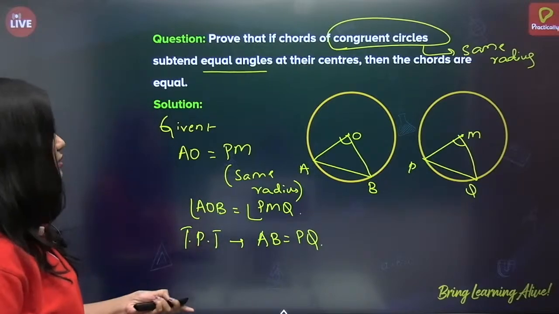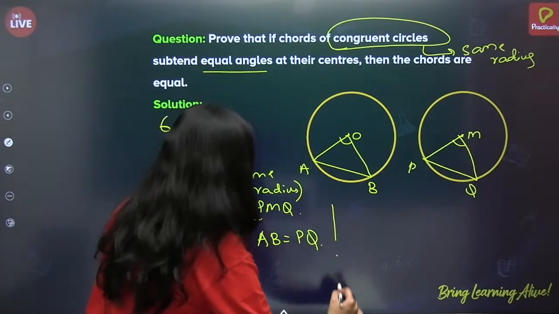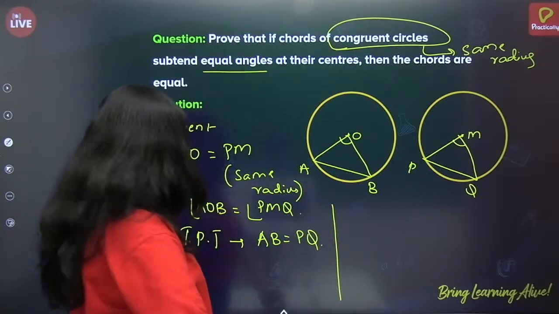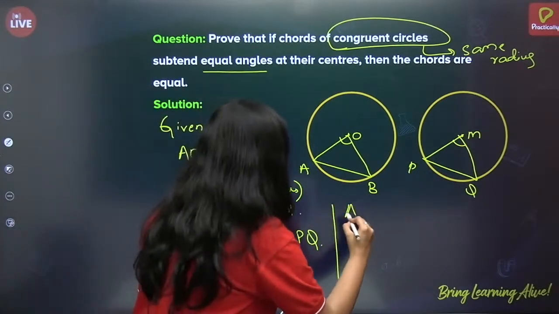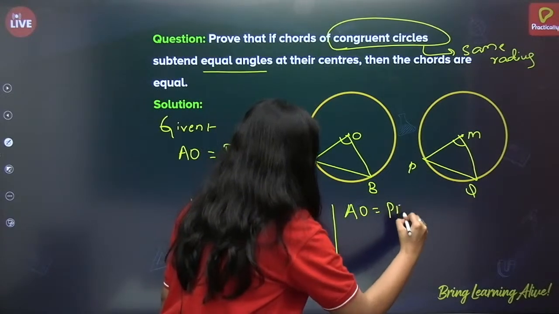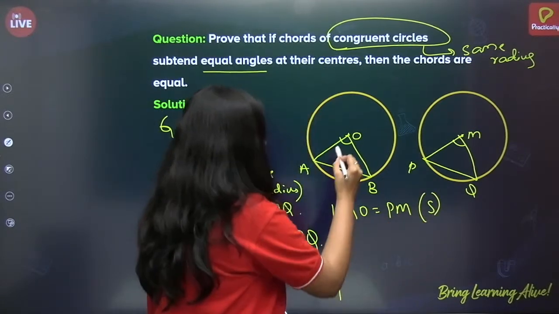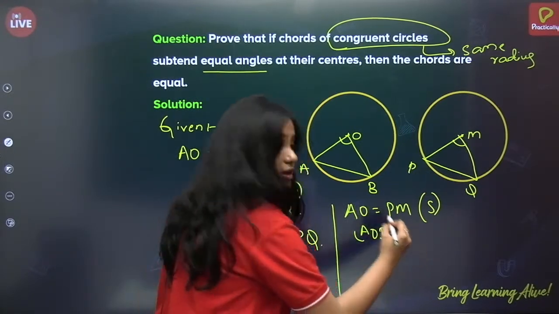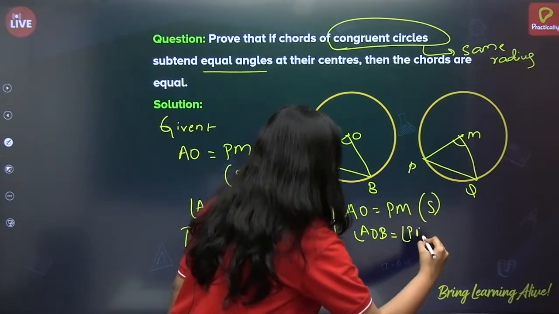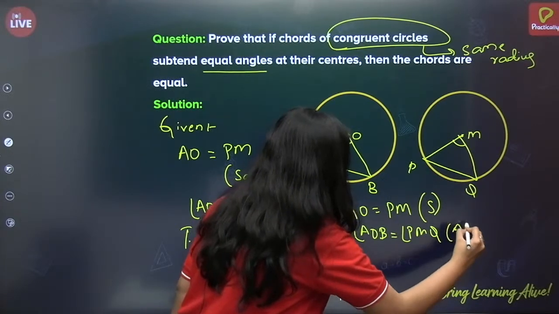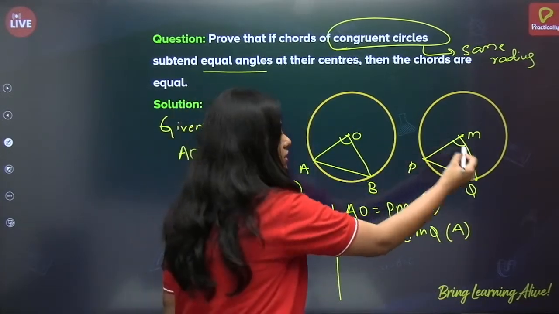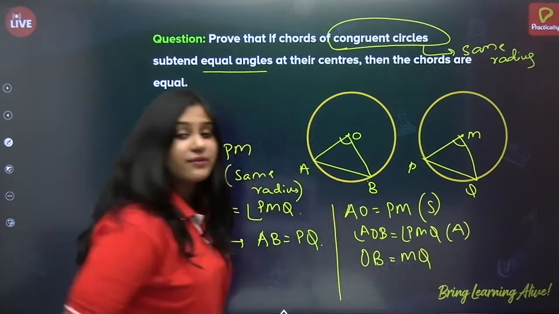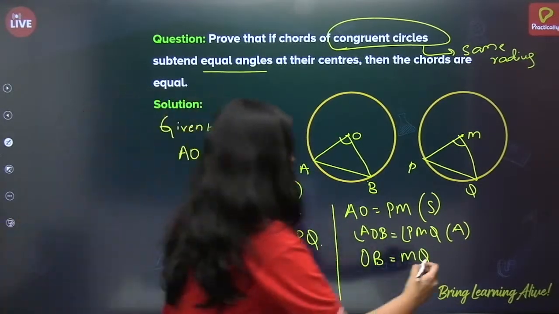Let us see. Okay. So now here AO is equal to PM. Why? Same radius, correct? So AO is equal to PM, side. Next, angle AOB is equal to angle PMQ. This is angle. Next, again OB is equal to MQ. Why? Radius. So this is again a side.